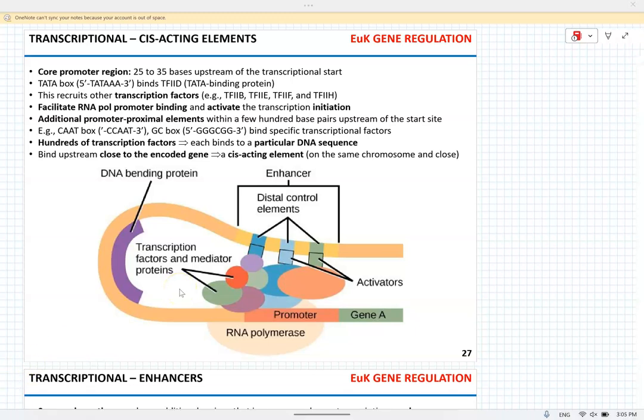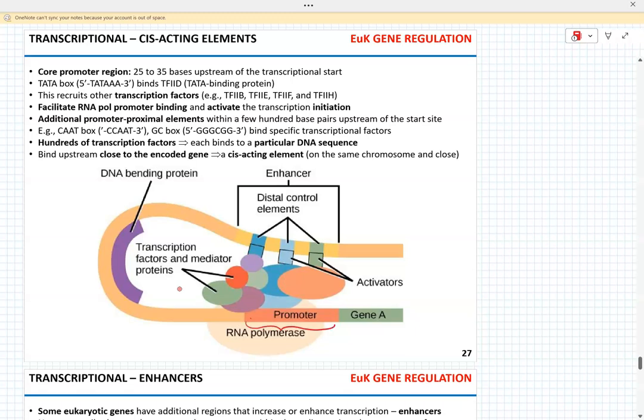As we mentioned before, the core promoter region in eukaryotes is located 25 to 35 bases upstream of the start of transcription.